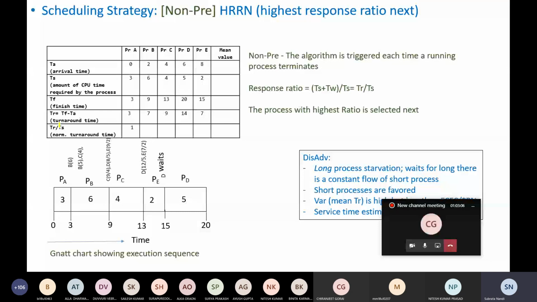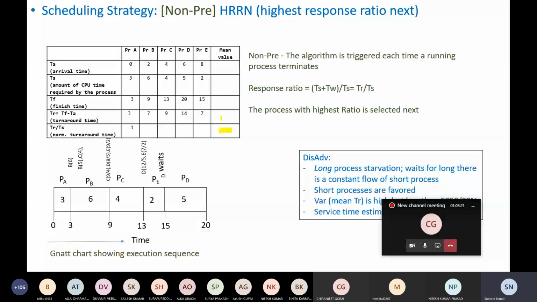So what is the intuition behind this is, we definitely want to reduce the mean turnaround time. We also would like to reduce the normalized turnaround time, because what is the ideal value of that for the processes? It should be 1, and if the processes are made to wait too long, then the values will shoot up and the mean value also will shoot up.